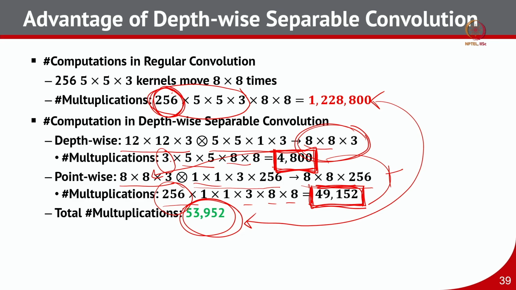Now, here, with the big filter, we are convolving once and then we are using the pointwise convolution, or the one by one convolution, again and again to get the same size of image, right. So, that is the biggest advantage of depth-wise separable convolution, that it reduces the number of computations by so much.